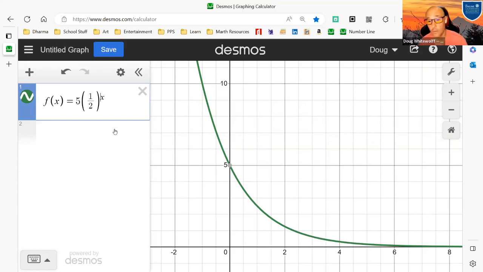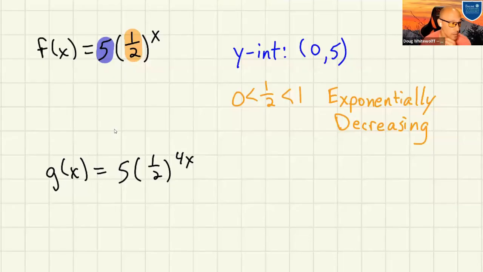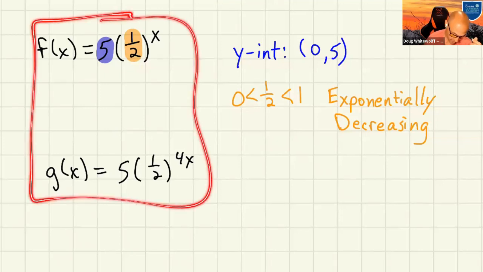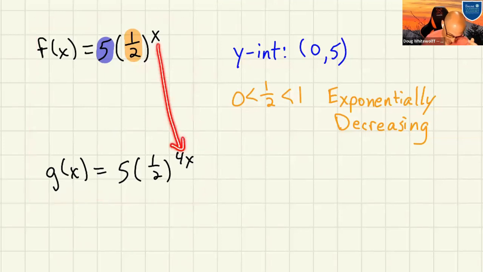All right. Okay, so now I basically have the same function here, except that instead of x, we have 4x in the exponent. And now remember, we can rewrite this just like we did in the last one.